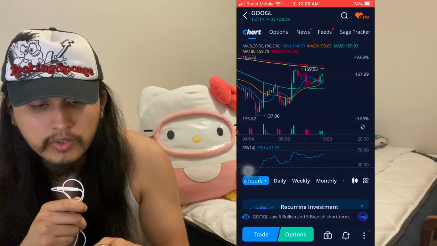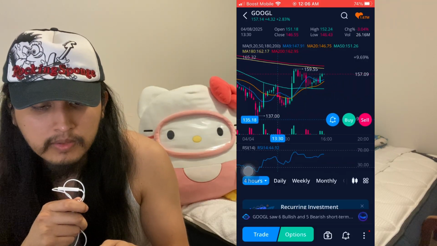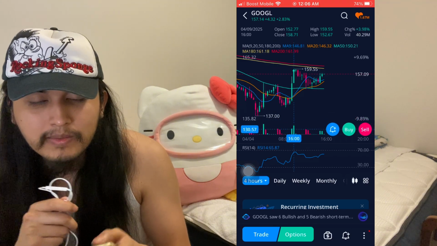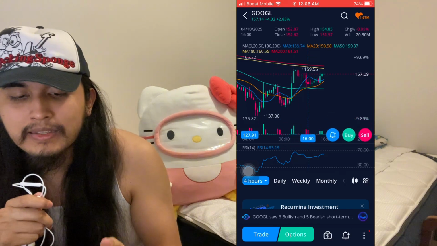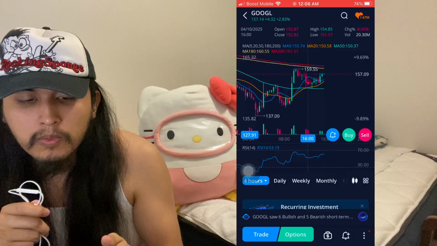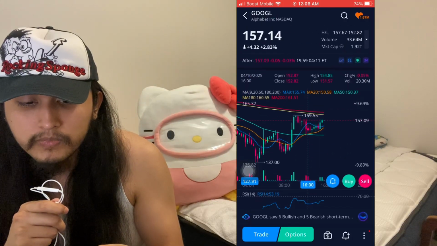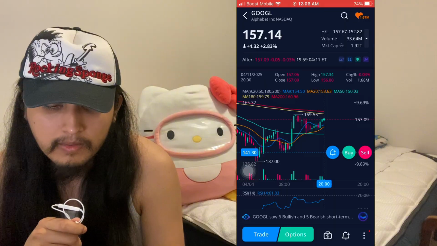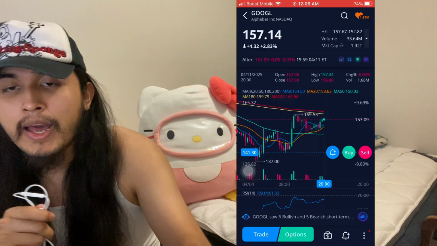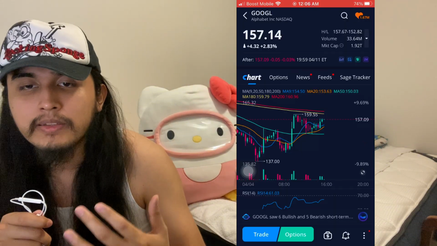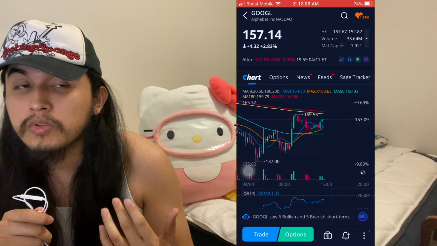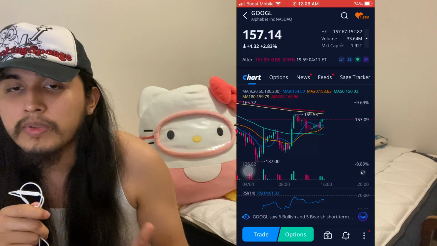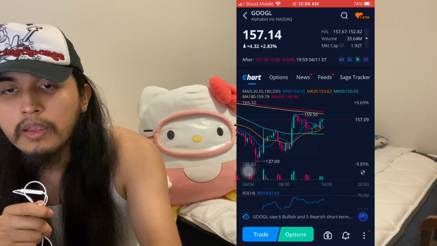Then it tried breaking the 50-day moving average and failed. The same thing is kind of happening again. Google looks like it wants to approach that 180 or 200-day moving average, and what I would do is open a small position of Google put options.